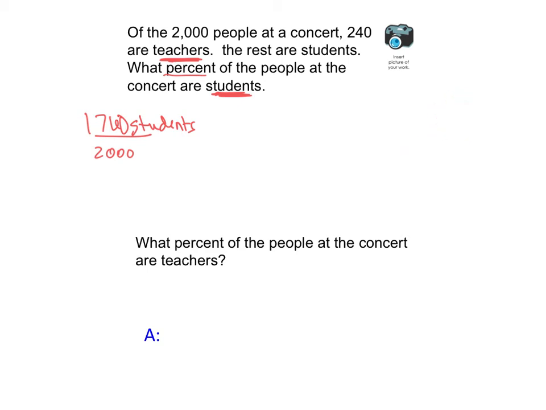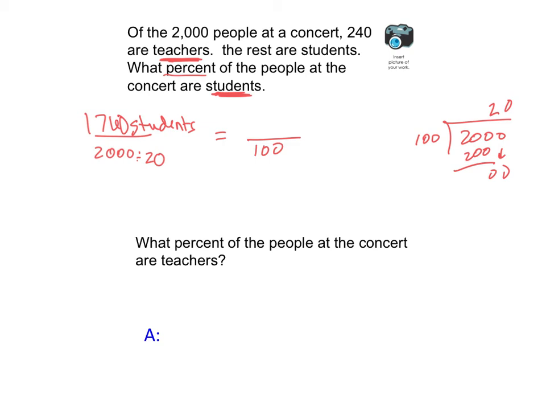All right. So now I want an equivalent fraction where the denominator is 100. So to go from 2,000 to 100, I'm going to divide by 20. Because 2,000 divided by 100 is 20. So I know 2,000 divided by 20 is 100.